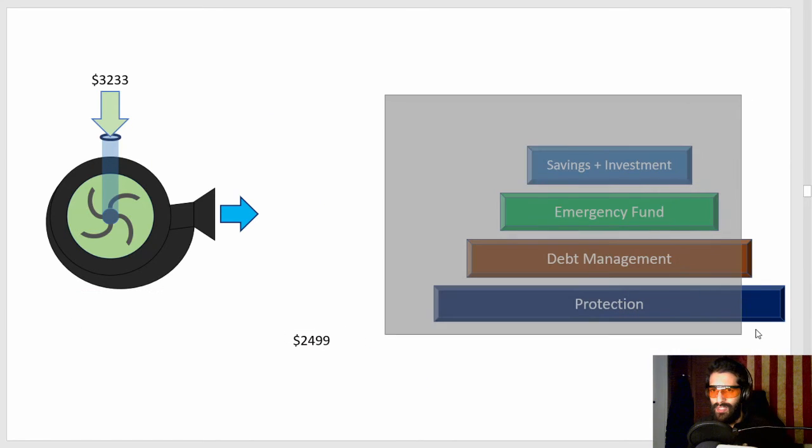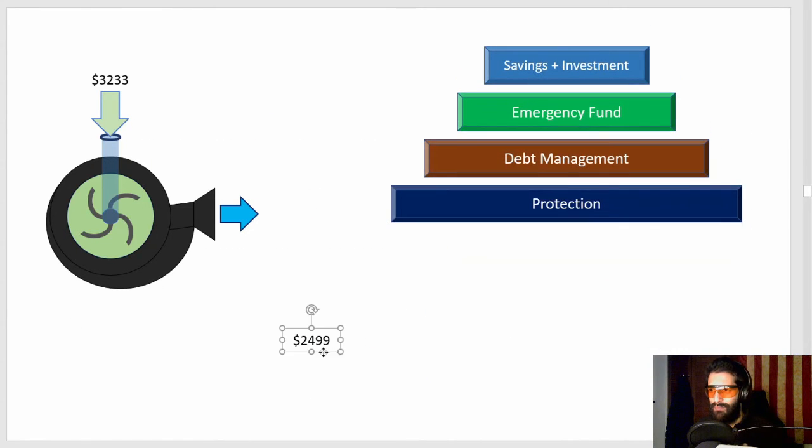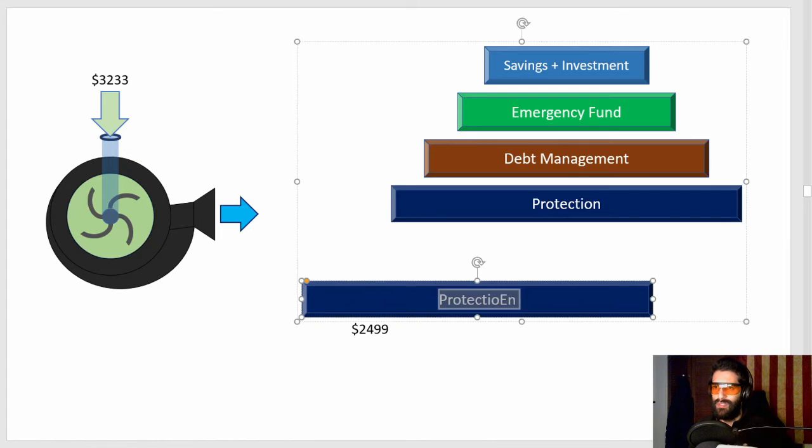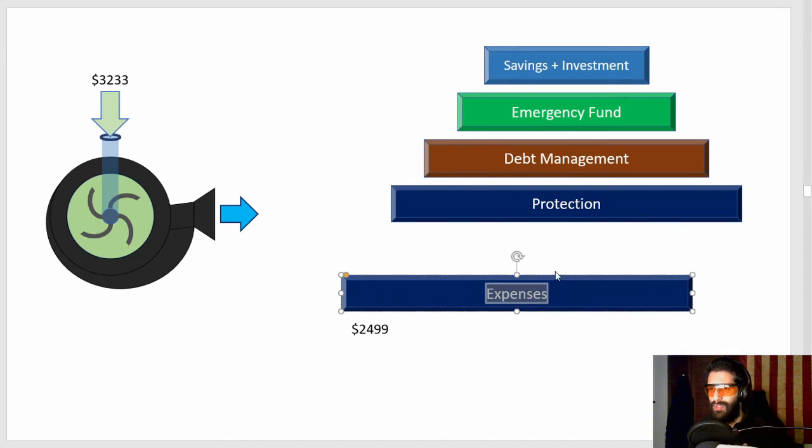So we're going to change this drawing a little bit because we're going to have expenses. I guess for that, we're just going to take one of these and draw that as expenses, but I want to ungroup it from the rest of that stuff. And we'll give it a different color.